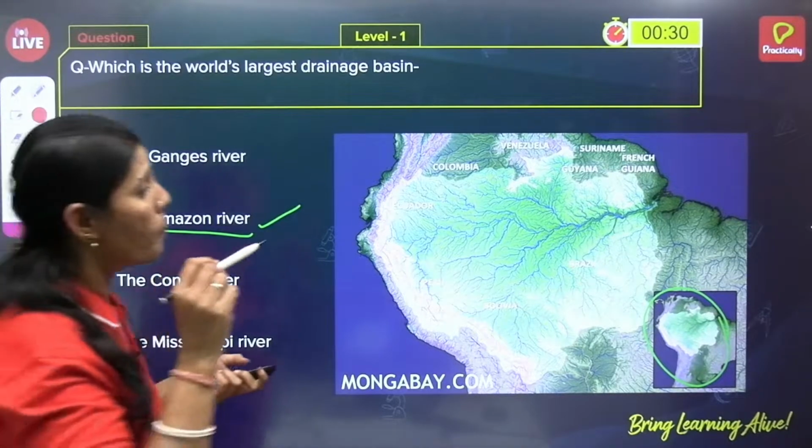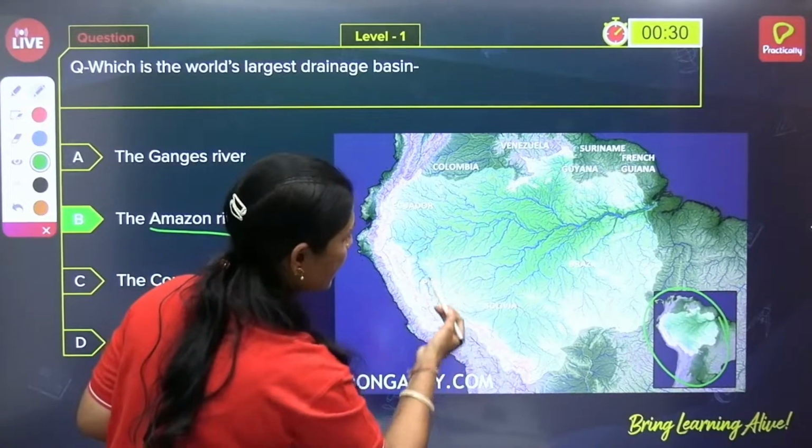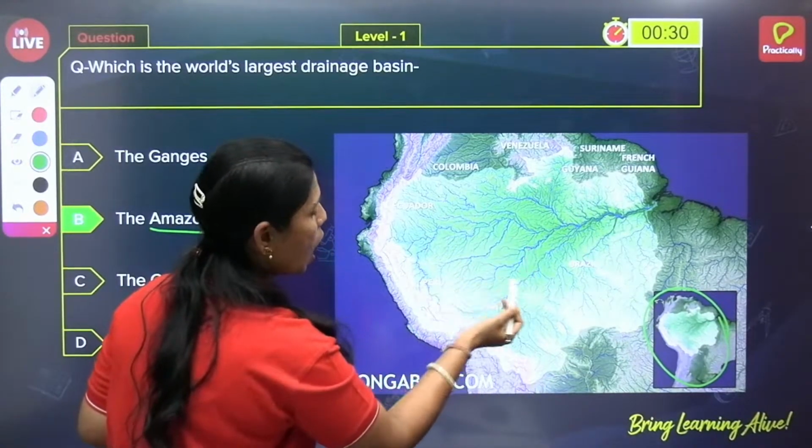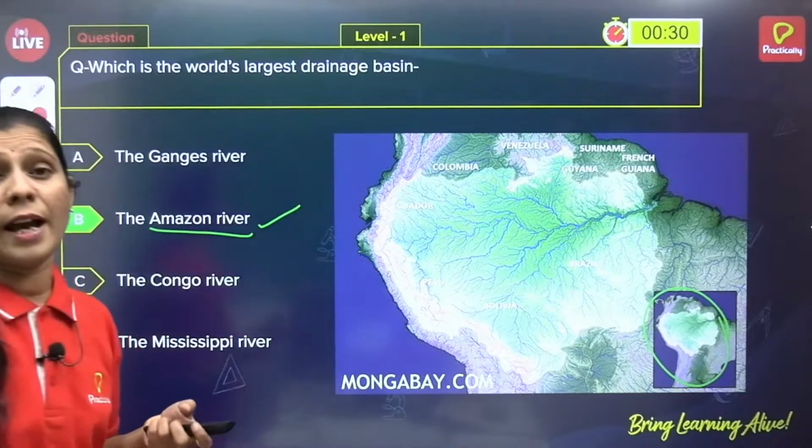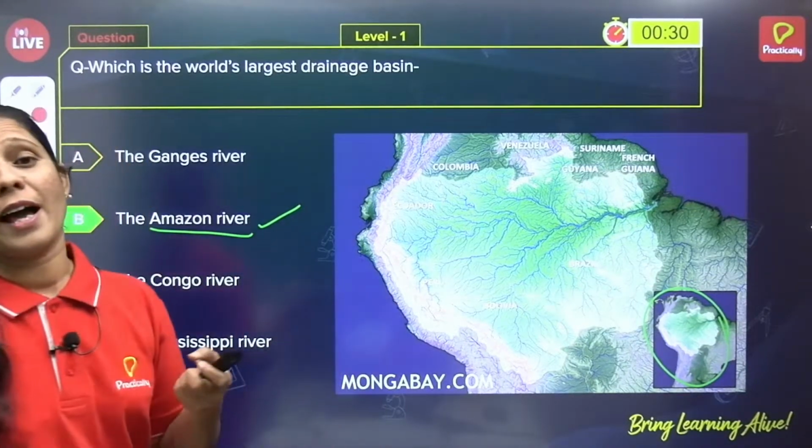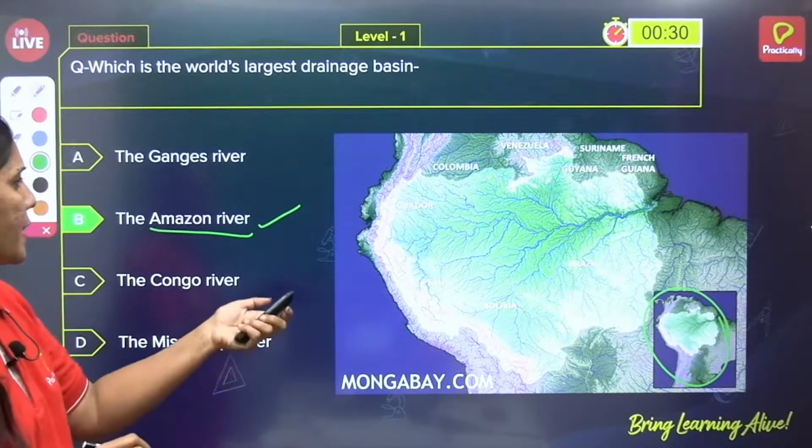You can see in this image in detail how the Amazon basin, the Amazon River and its tributaries look.